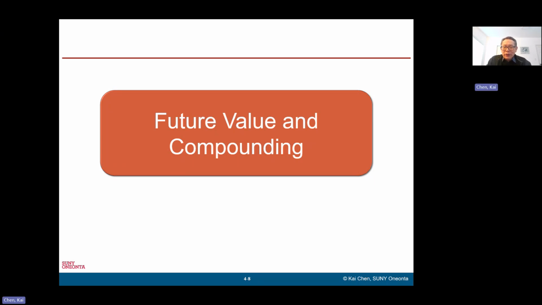In other words, in order to get $1 today, how many dollars would you like to pay in the future? Generally speaking, we want to establish a quantitative relationship between today's dollar and the future's dollar.